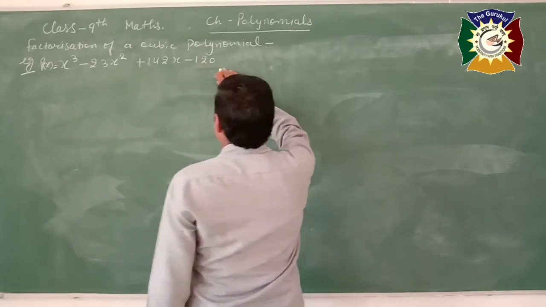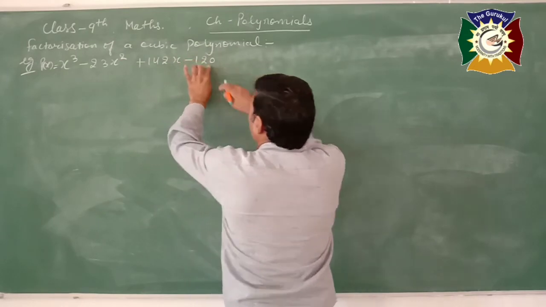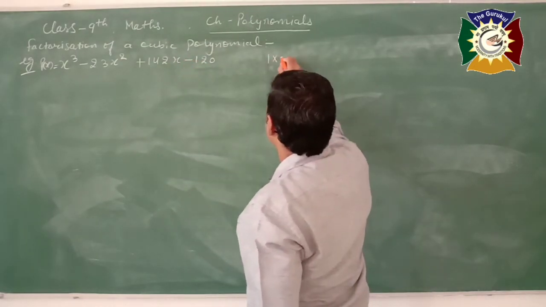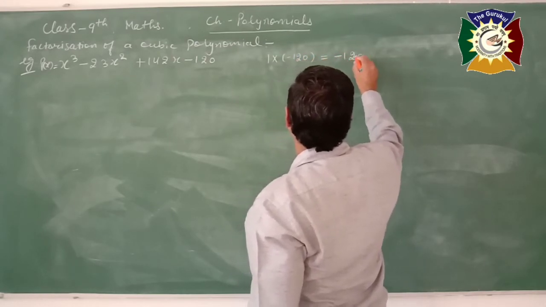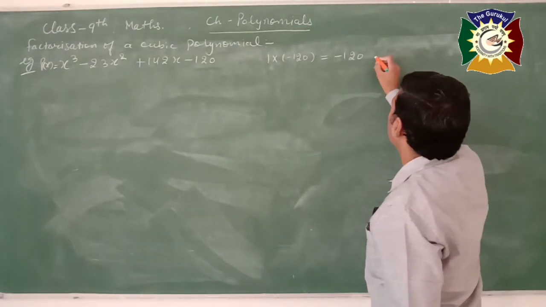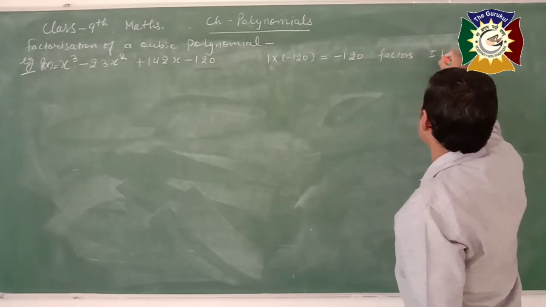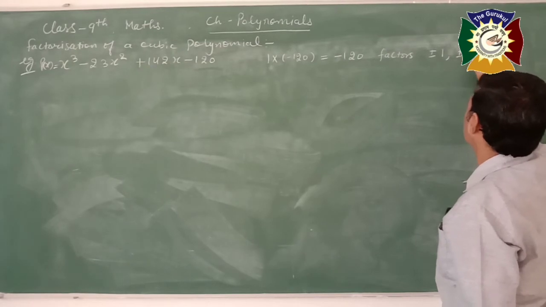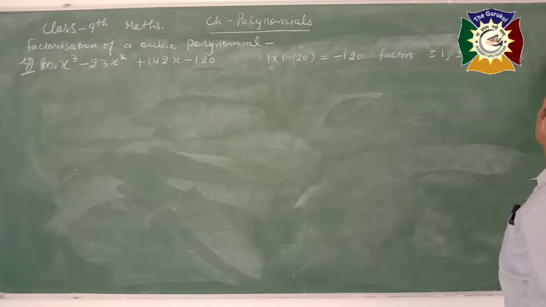So we have to factorize the product of the coefficient of the cubic term and the constant term. 1 into minus 120 is minus 120, and the factors of 120 are plus minus 1, plus minus 2, plus minus 3, plus minus 4, and so on up to plus minus 120.